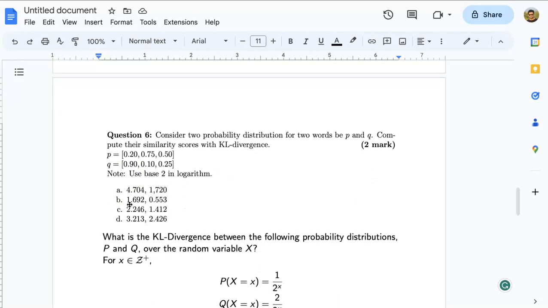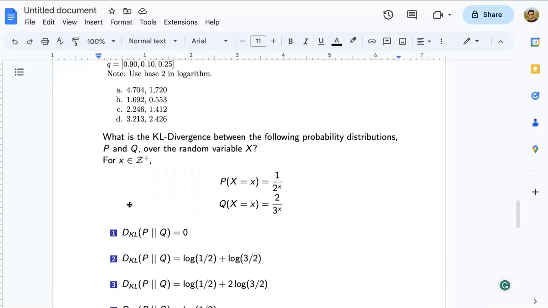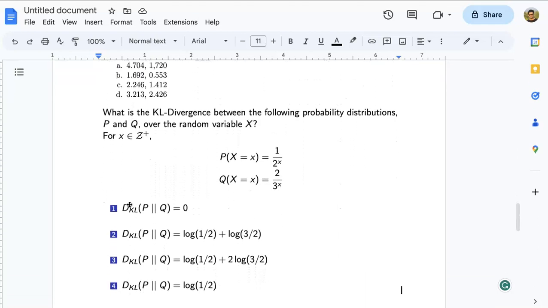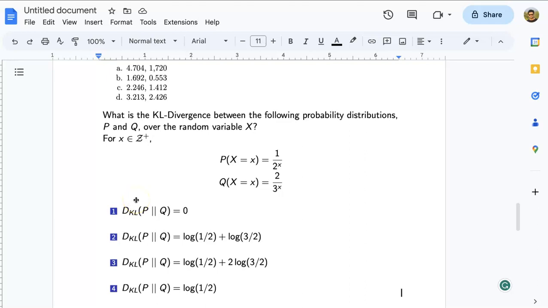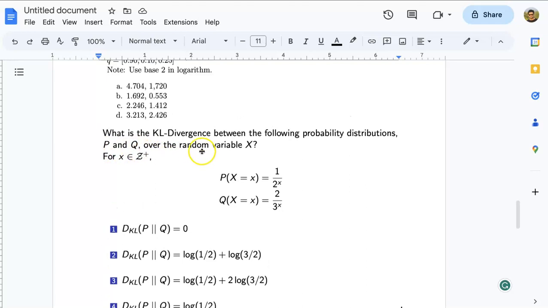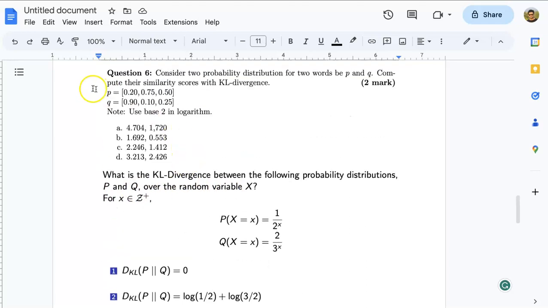Okay, there is another question from a previous year regarding the KL divergence. Let's solve it here also. The question is, what is the KL divergence between the following probability distributions? P and Q are given. If you see question 6, P is given and Q is given.